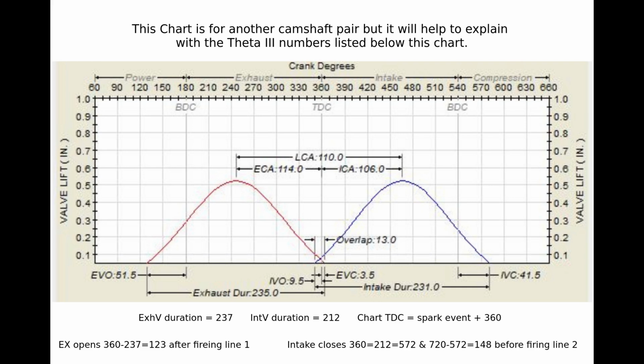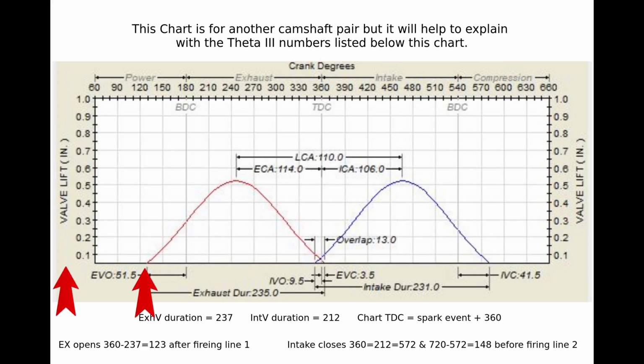The intake cam, likewise, it's not referenced to the top dead center of the overlap time of the two valves. Instead, it's referenced to the next firing line. And it's a positive number because it's on the right side of the valve crossover point.